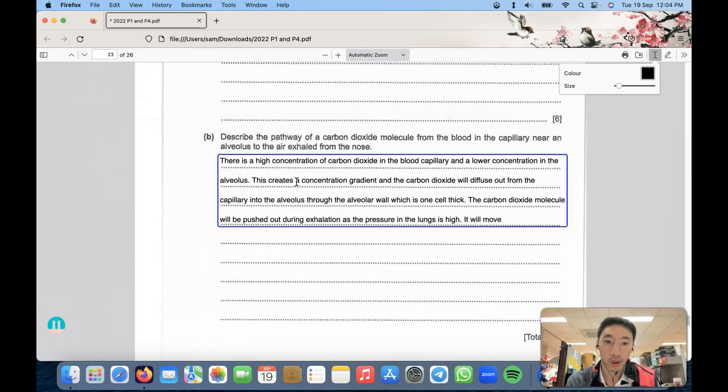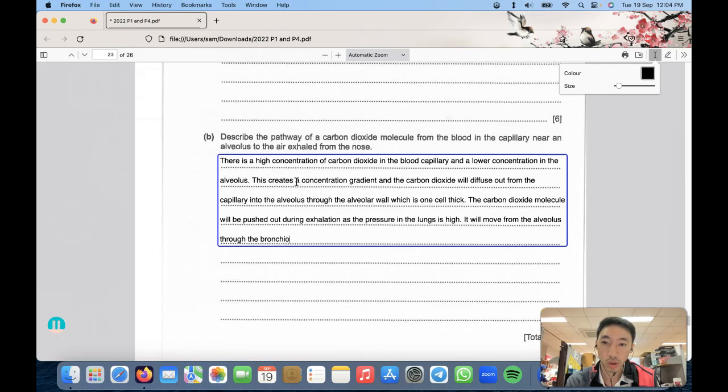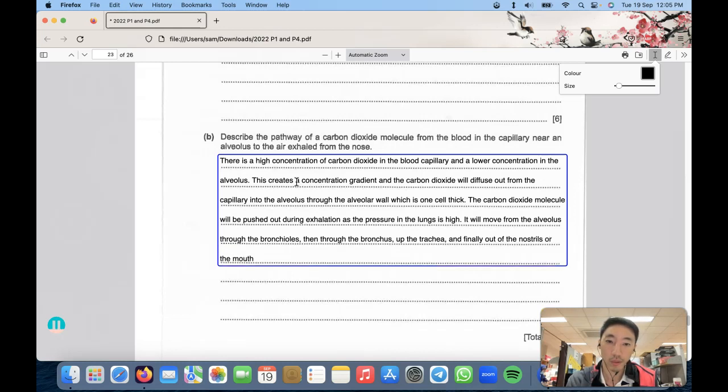It will move from the alveolus through the bronchioles, then through the bronchus, up the trachea, and finally out of the nostrils or the mouth.